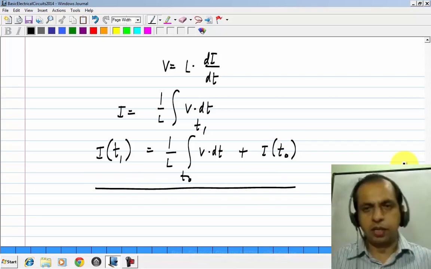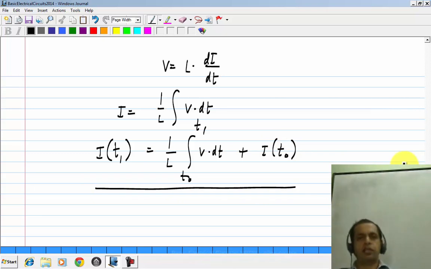So that means that the difference in currents at time t1 and time t0 is given by the integral of the voltage, the area under the voltage curve, divided by the inductance of the inductor. Okay. So this again is analogous to the relationship we saw earlier with the capacitor.